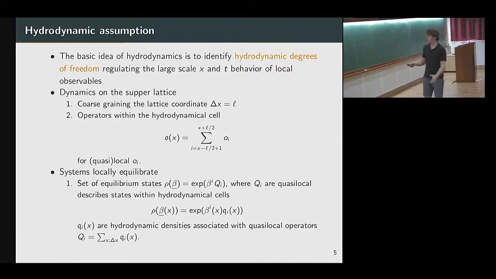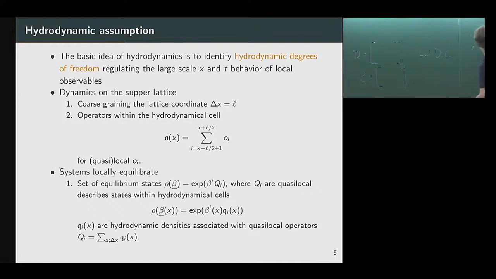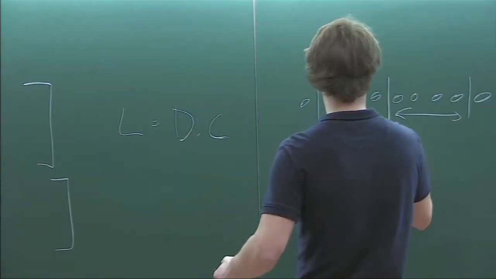So what we do is take our lattice and coarse grain it. We divide it into chunks of length L. We have in principle an infinite lattice. We can imagine that there is an infinite number of spins. Then we just cut it into parts of length L, so Delta X is L.